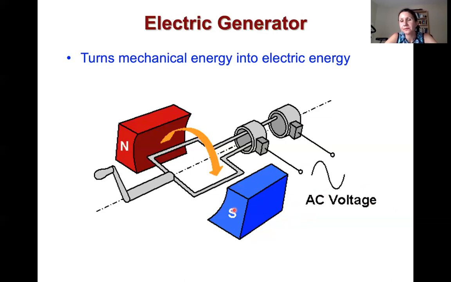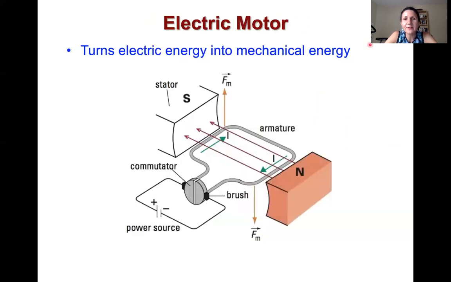In fact, the electricity that you get in your home when you plug something in is an AC voltage source, because that's how electricity is typically generated. And there are other reasons for this as well. Okay, so that's an electric generator. Kind of the opposite of this is a motor.